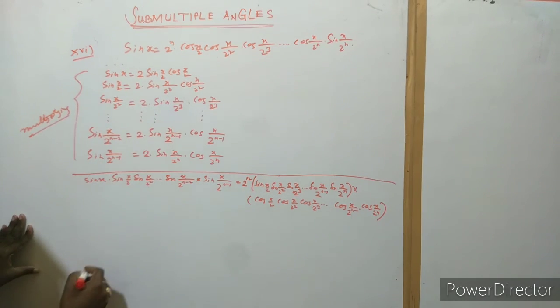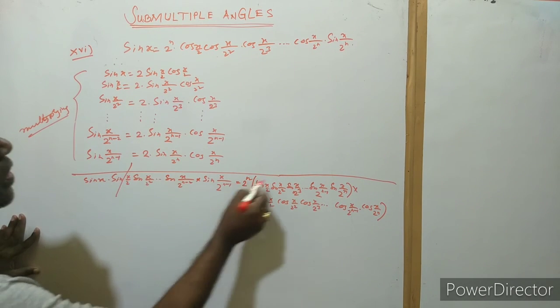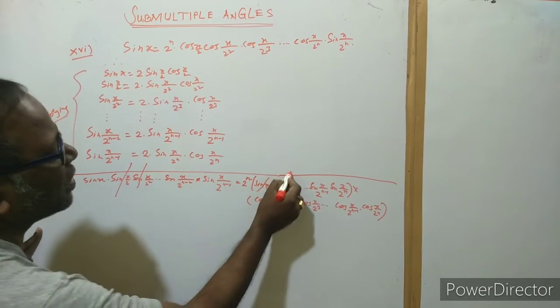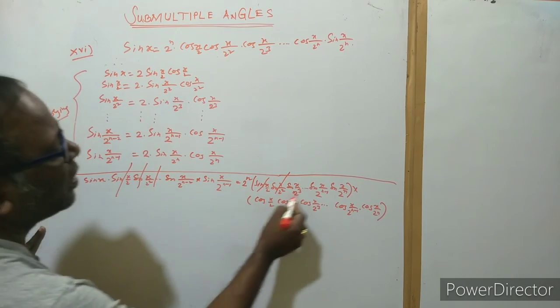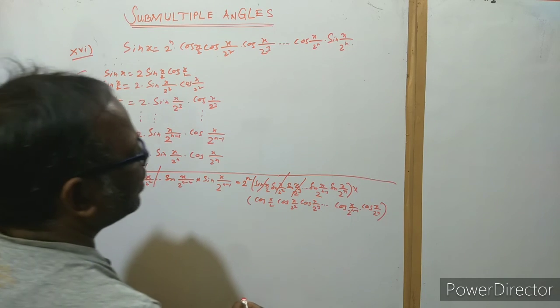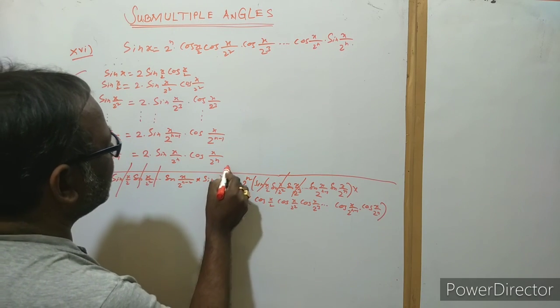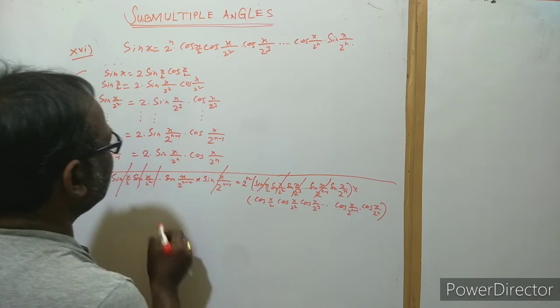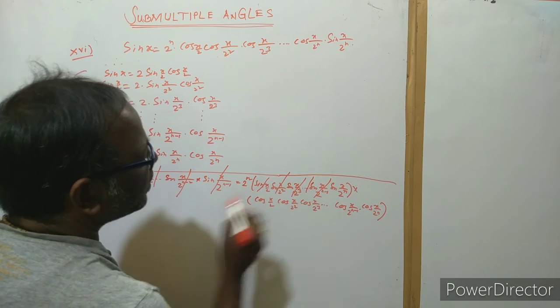See, from that, so these like terms are cancelled. Again from that, this sine and this sine are cancelled out, and this sine and our previous sine are cancelled out.